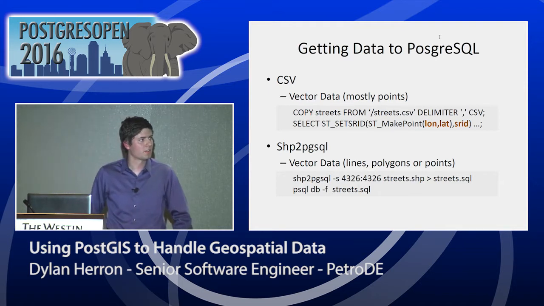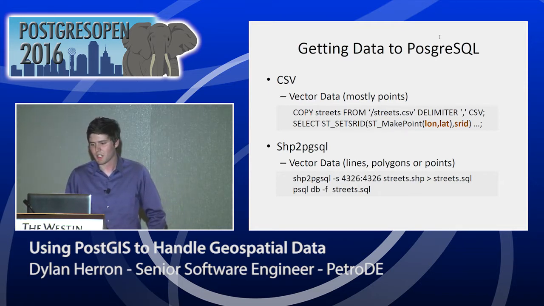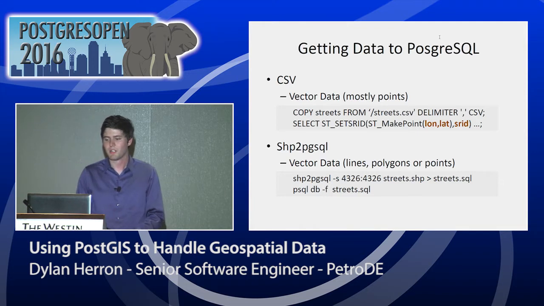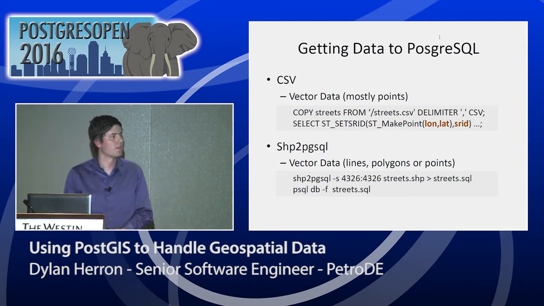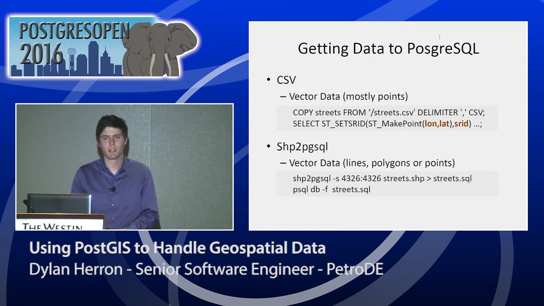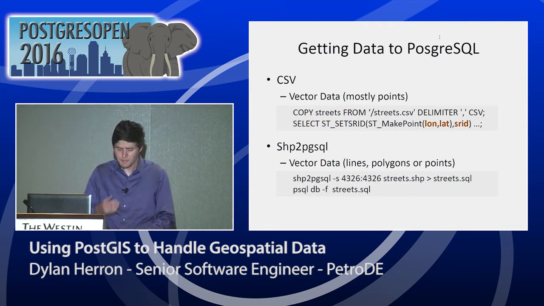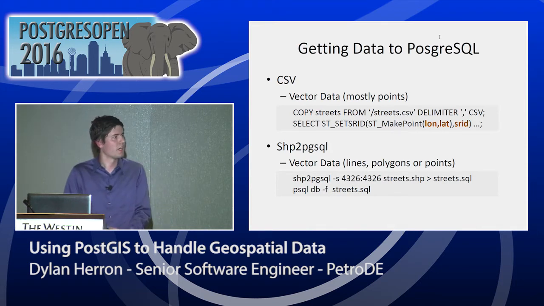You can convert those columns into a PostGIS type using ST_MakePoint. ST_MakePoint will take those longs and lats and put them in a form that PostGIS can work with and optimize for. Then you can set your spatial reference identification using this.